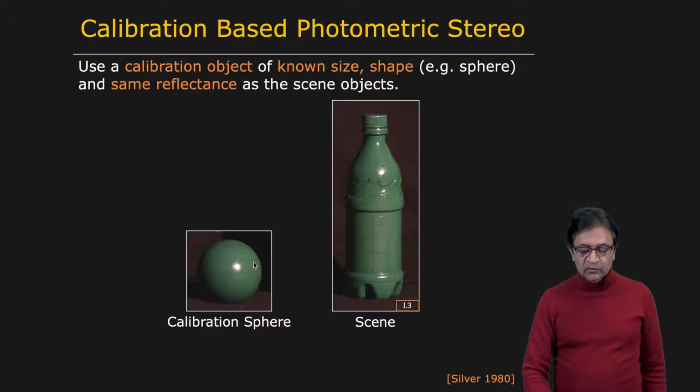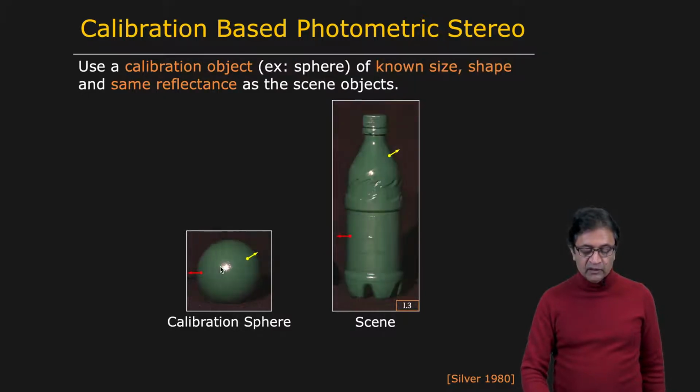And we're going to illuminate these two objects with the same set of light sources. So for example, if you take a look at these two surface normals on this object right here, this one and this one, the intensities at those 2 points are going to be exactly same as the intensities on the sphere at the 2 points that have the same surface normals, right here.